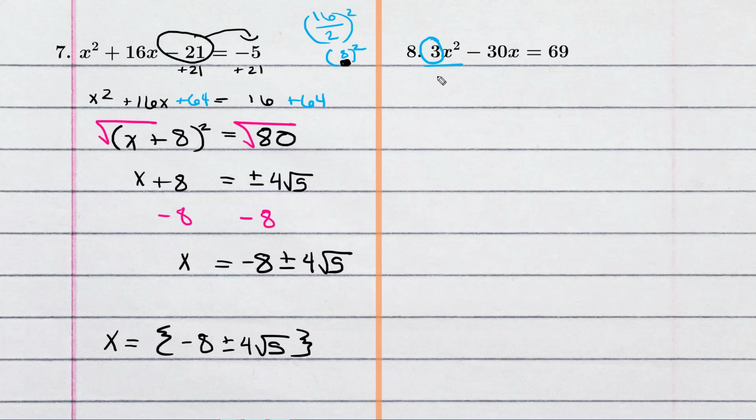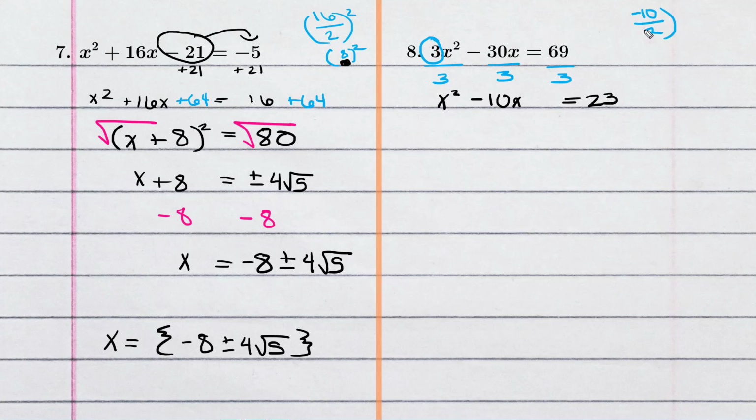So that means I need to divide everything by that number. And so that gives me x squared minus 10x equals 23.